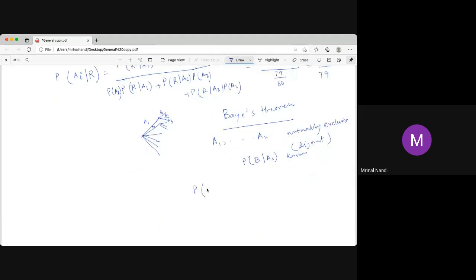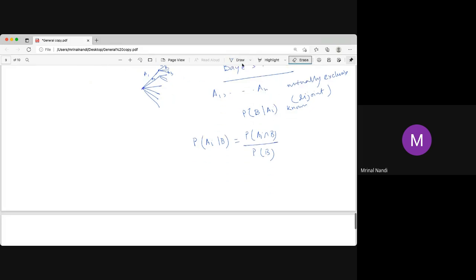P(Ai given B) is just P(Ai intersection B) divided by P(B). P(Ai intersection B) is again using the conditional probability P(B given Ai) that we know, times P(Ai), which is also known.